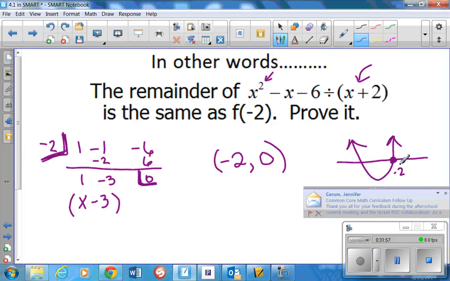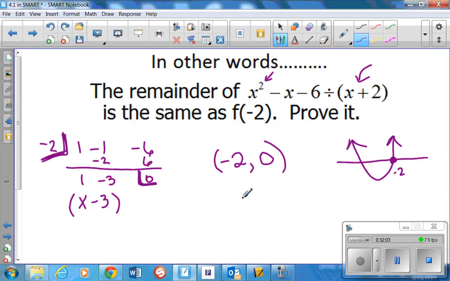So if -2, 0 is one of my roots, then if I said what is the p of -2, I could plug -2 in here and get 4 plus 2 is 6, minus 6 is 0. Well, that makes sense because -2, 0 is a point, and this makes a point as well, and this makes the same point.